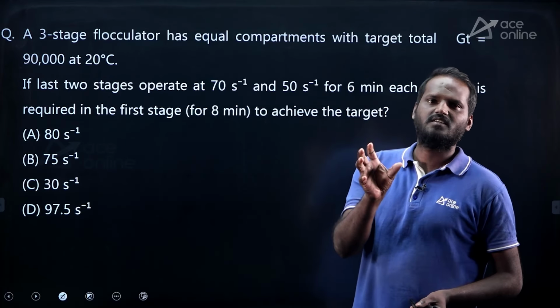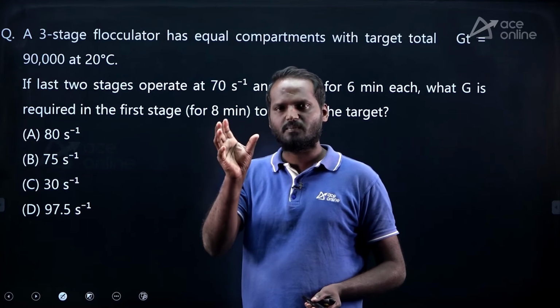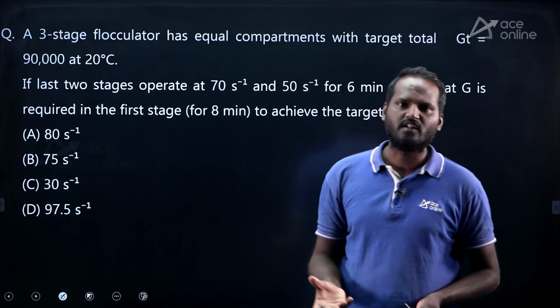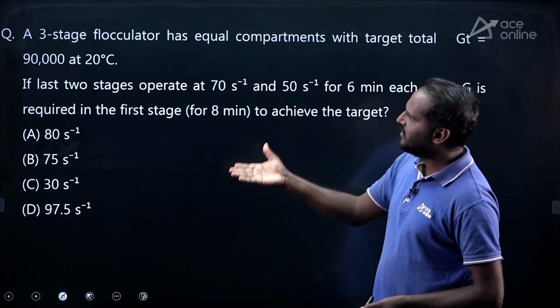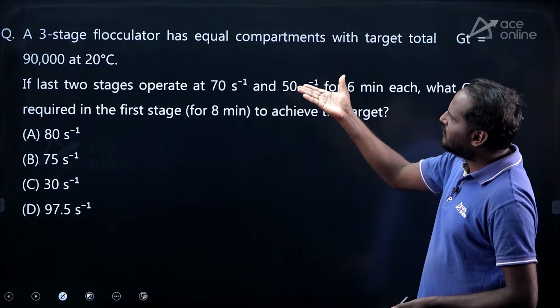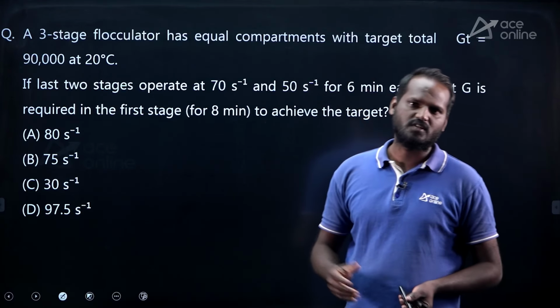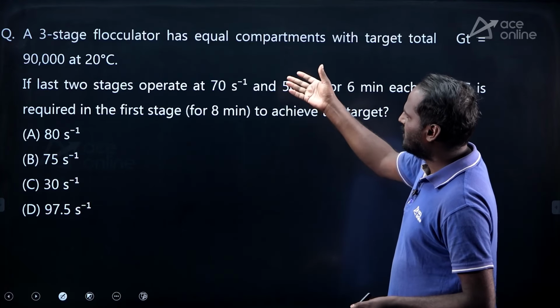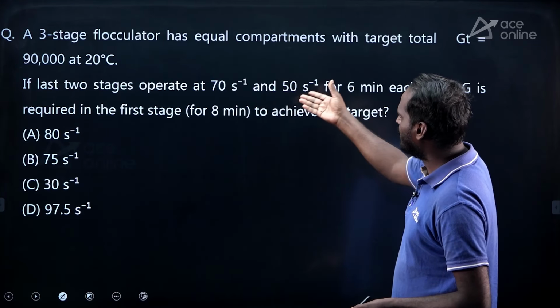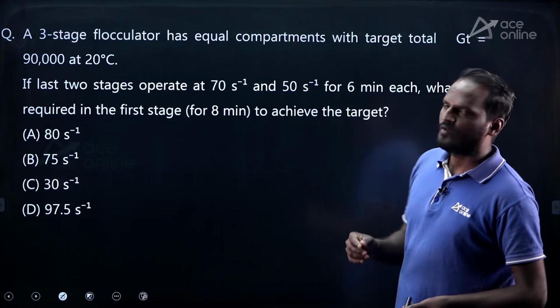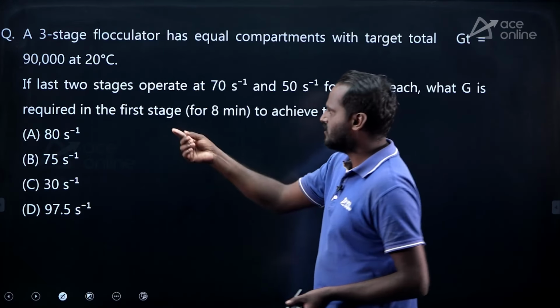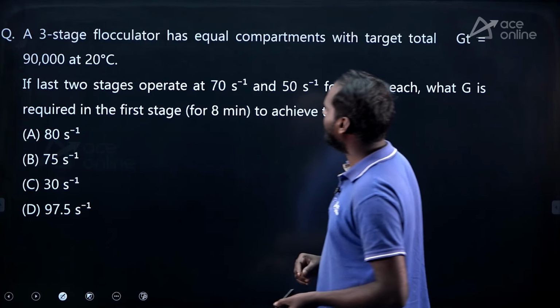The GT is a dimensionless parameter which plays a vital role in designing a flocculator. He has mentioned we have a 3-stage equal compartment flocculator. One stage has the G value 70, another has 50, each for 6 minutes. What will be the value of G in the first stage if it operates for 8 minutes?